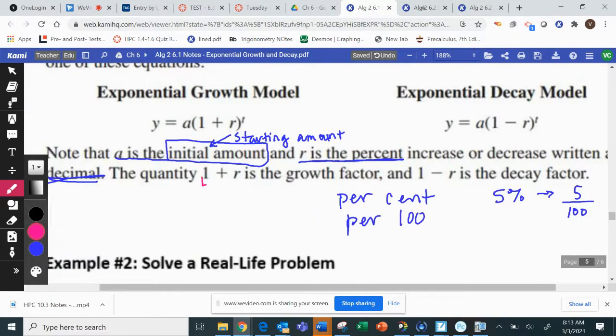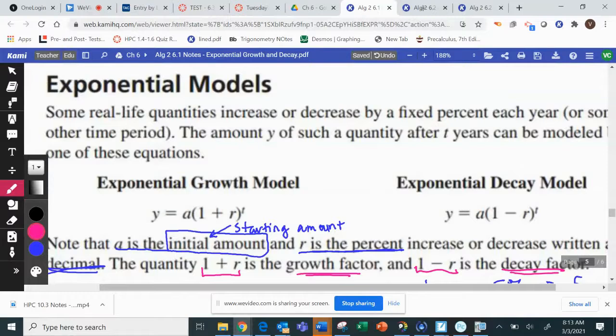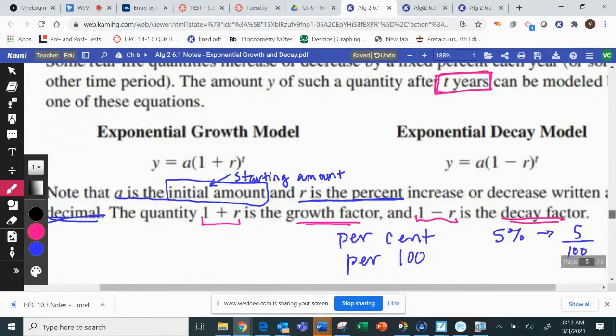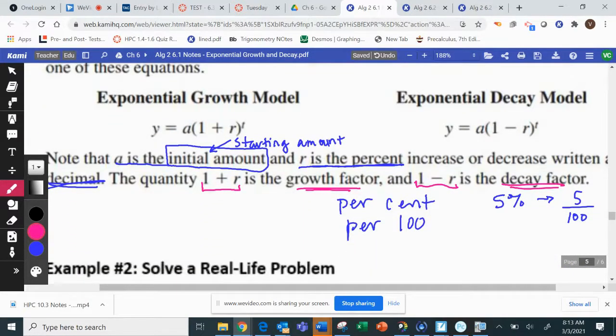The quantity when we take either 1 plus r or 1 minus r is the growth factor or the decay factor. And t would be the number of years. So if something's growing, the growth factor is going to be bigger than 1.